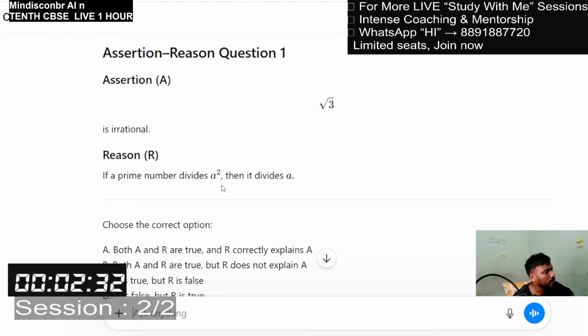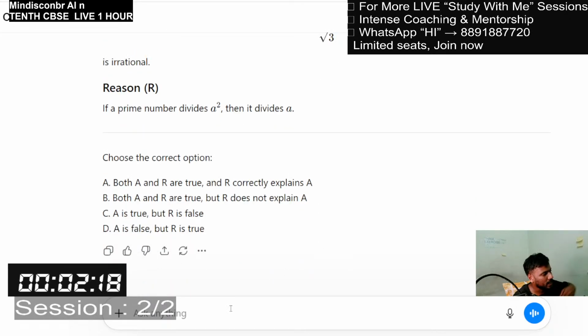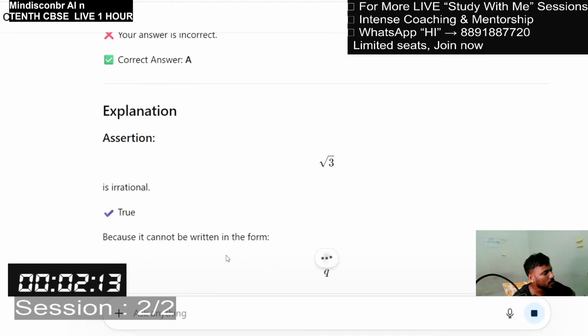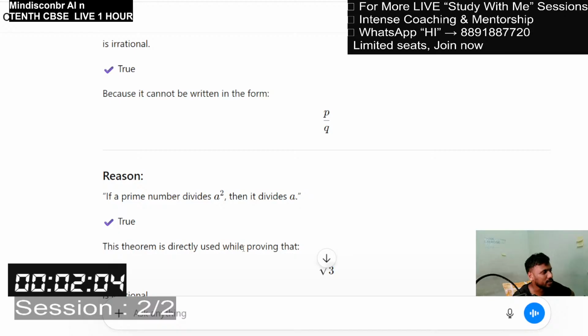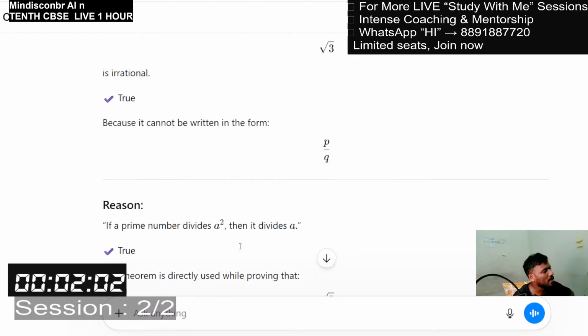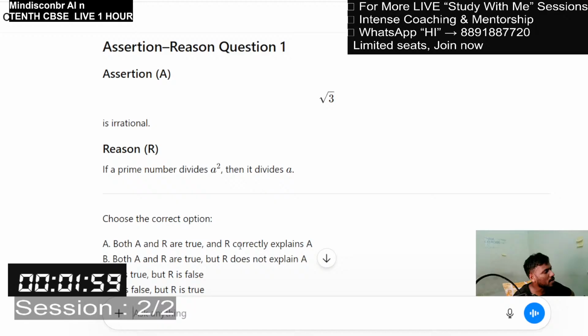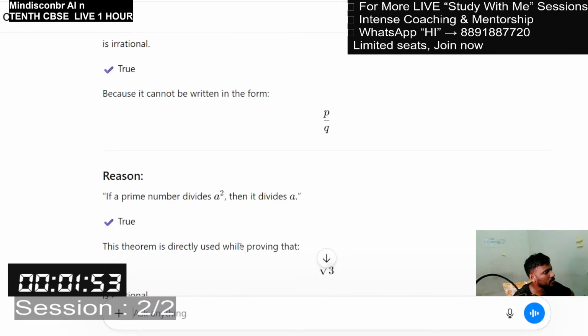If a prime number divides a square, then it divides a. A is true. R is also true, but R does not explain A. The correct answer is B. This question is a little confusing. Let's look at the next question.